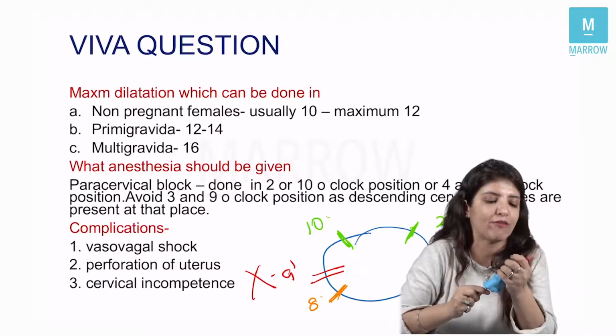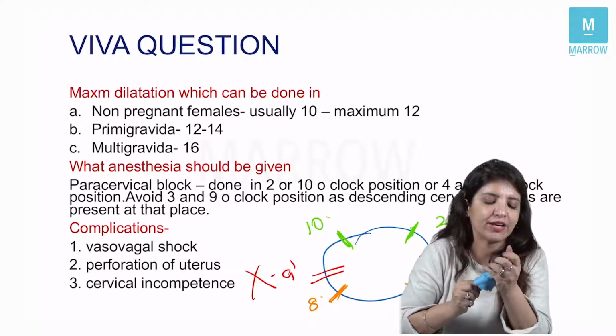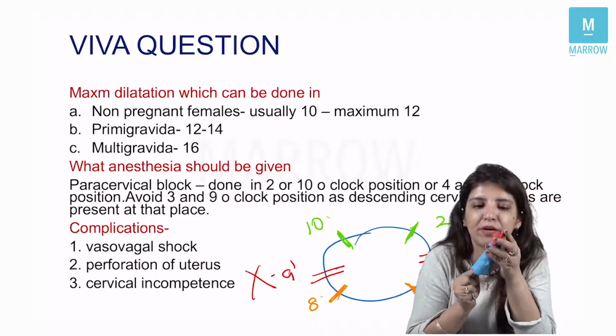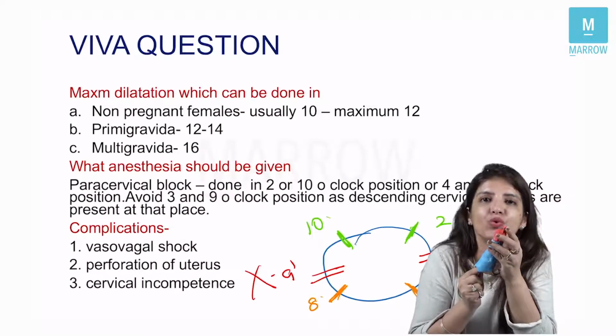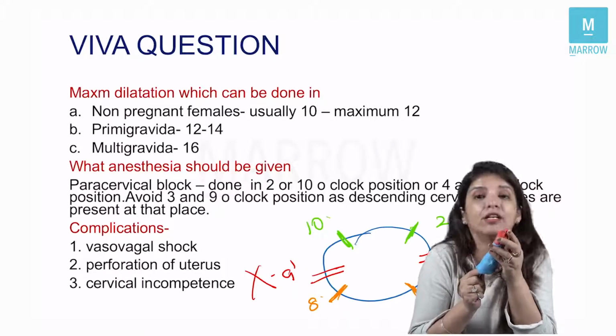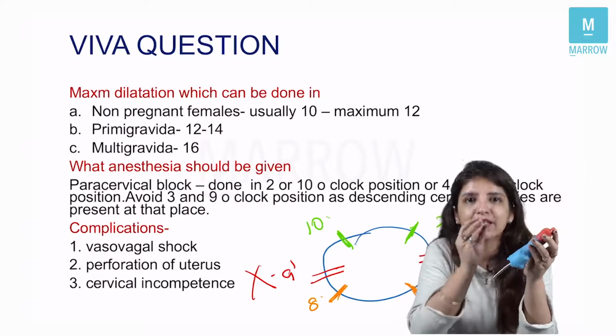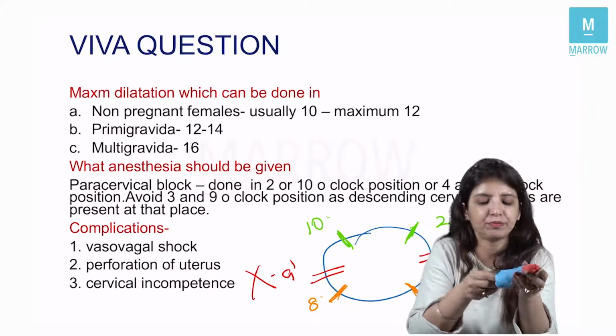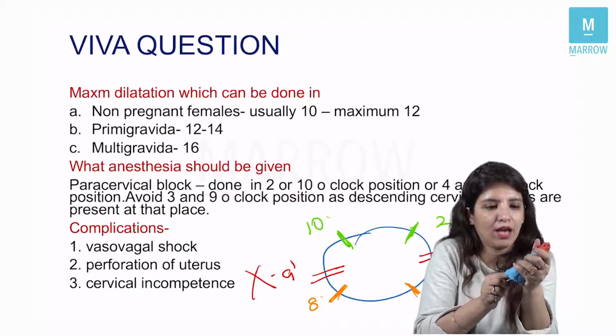Your purpose is you have to go inside the uterus and you have to dilate the internal os, right? So basically, the dilators are used to dilate the internal os so that you can take the instrument inside the uterus, right?